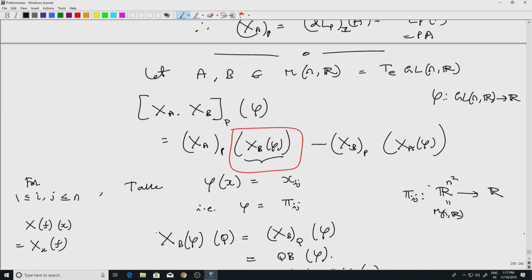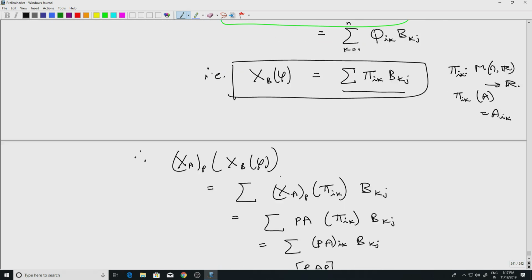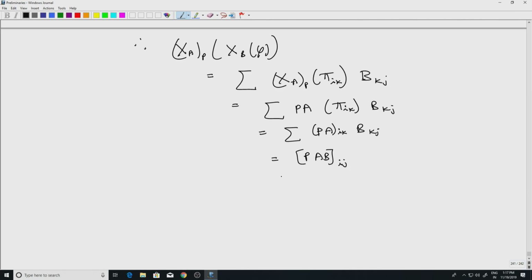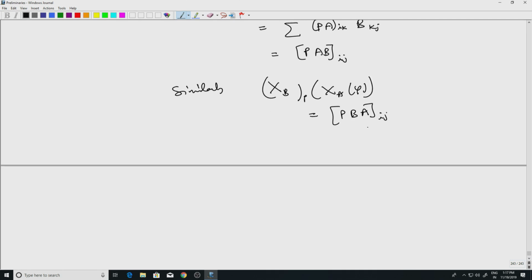Now if I do the same thing, the same considerations will apply for the second term here, except that a and b are switched. So it's clear that the second term will give me, similarly, X_b at p acting on X_a phi as P_ba ij. In fact, I don't have to do the computation. This a and b were arbitrary, so the same thing will apply here as well.